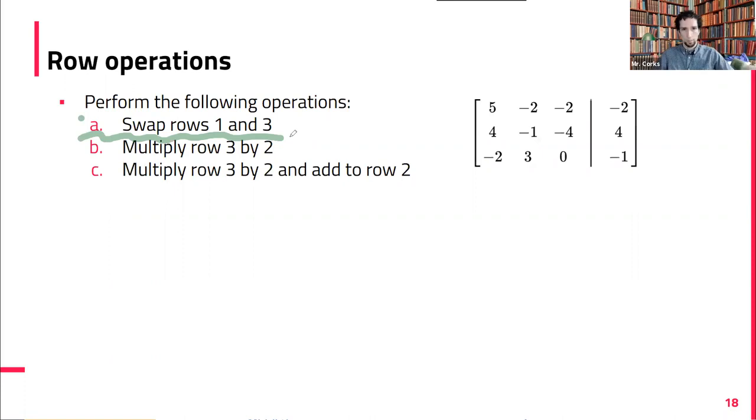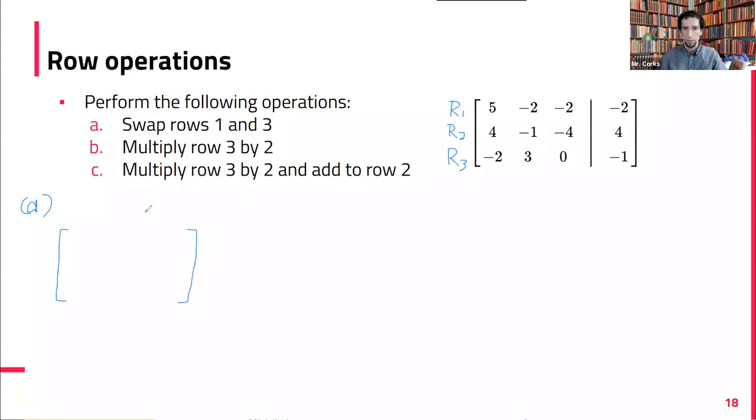We're going to do each of them separately, and then we'll do them together when we solve this. So A is asking us to swap row 1 and row 3. Let's write our labels. This is row 1, this is row 2, this is row 3.